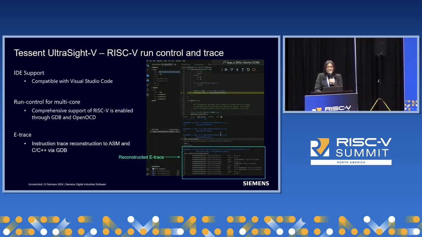So this is a snapshot of UltraSight-V running on VS Code. It provides a comprehensive run control mechanism: setting breakpoints, run and pause, and stepping through the code through GDB and OpenOCD. And the instruction trace is also reconstructed to assembly or C format through GDB, as shown in the picture here.